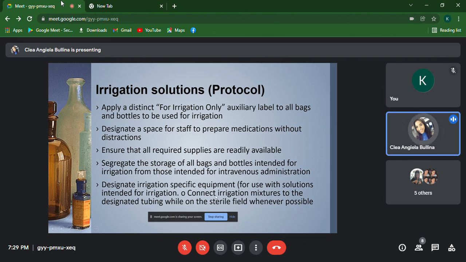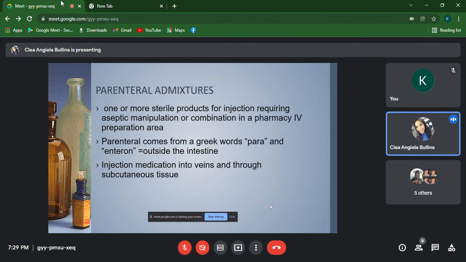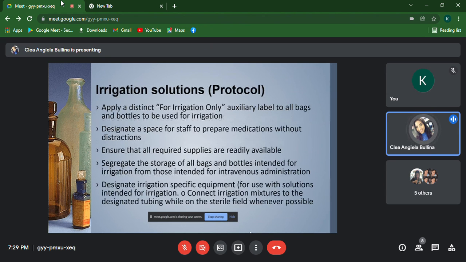Also, we should connect irrigation mixtures to the designated tubing while on the sterile field whenever possible. So, that would be the last one. Last one na pala yung to connect. Connect irrigation mixtures to the designated tubing while on the sterile field whenever possible.